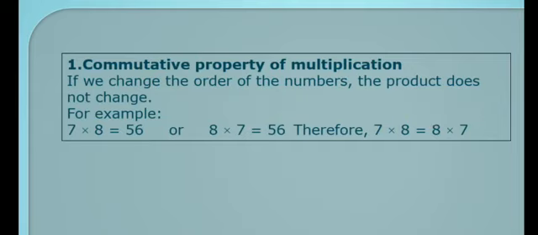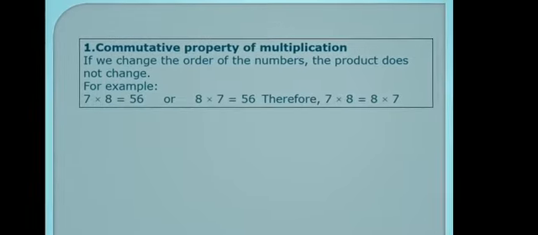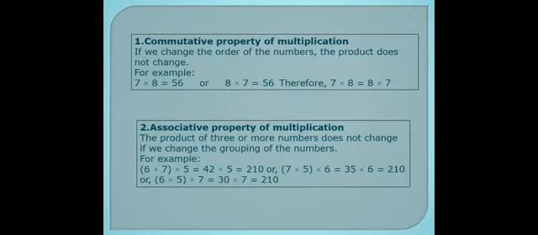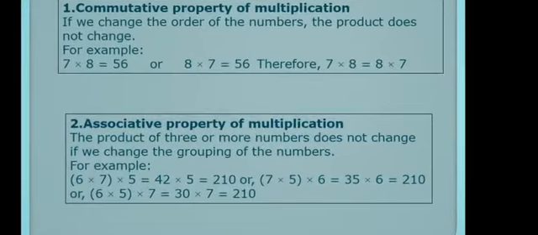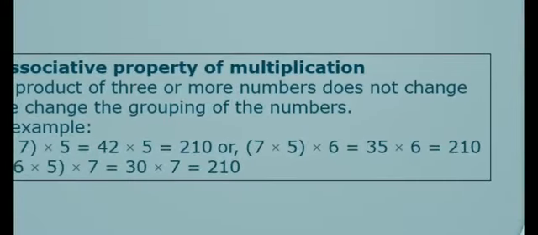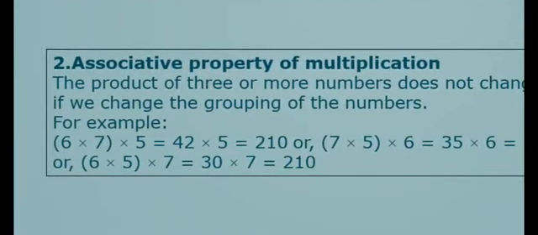Now the next property is the associative property, which is similar to the commutative property, but here the product of three or more numbers follows the same rule. So what do you observe here in the explanation? Just see here, 6 multiplied by 7 multiplied by 5 equals 42 multiplied by 5.